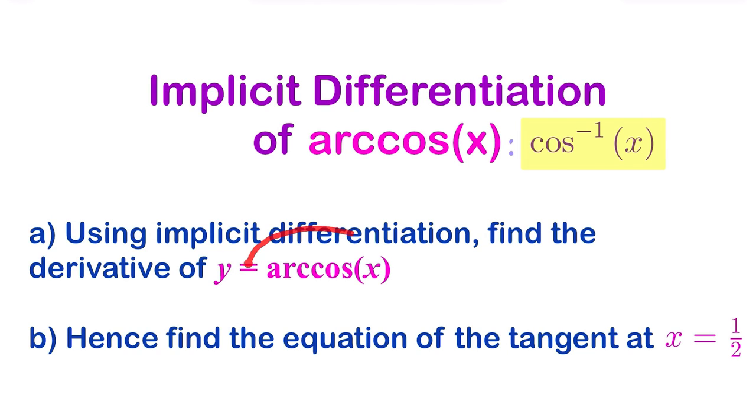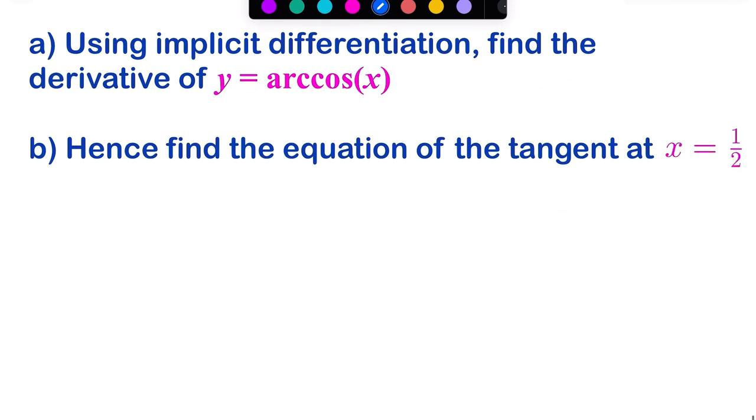Here we're trying to find the derivative of arc cosine, which is another way of saying inverse cosine, using implicit differentiation. So that looks really difficult, but maybe it isn't that difficult.